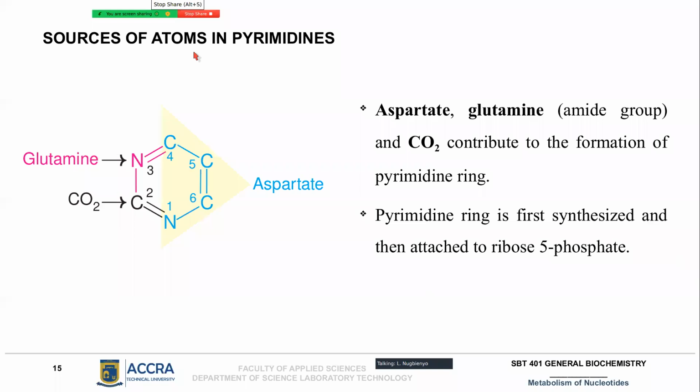Now, pyrimidine. What we have seen so far with purines is similar, a similar thing which is going to happen with pyrimidines as well, except that for pyrimidines you are seeing a smaller number of compounds serving as the source of the parts of the ring.